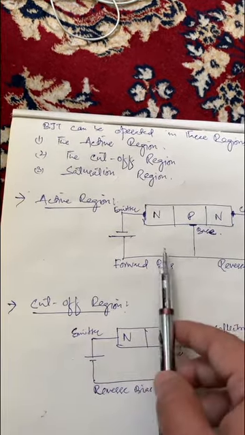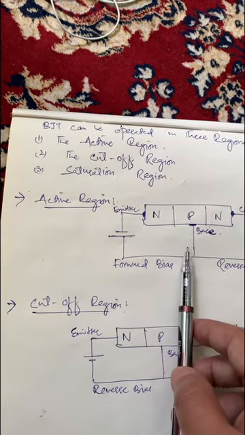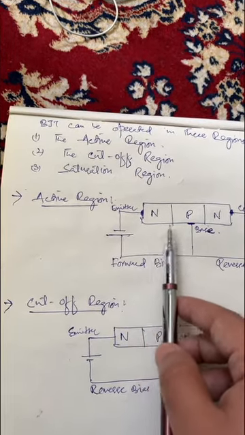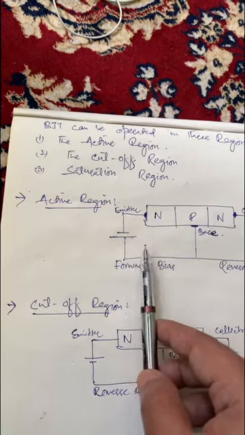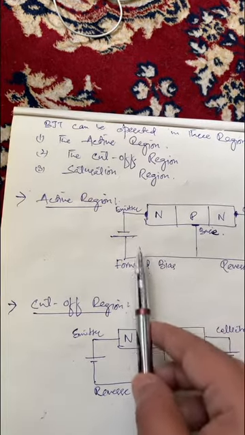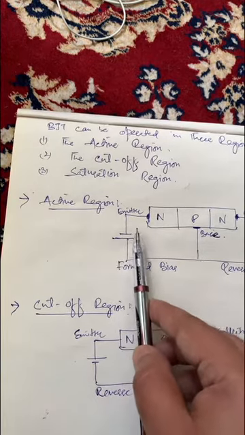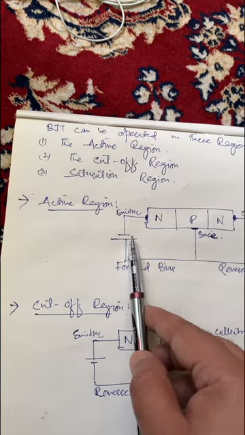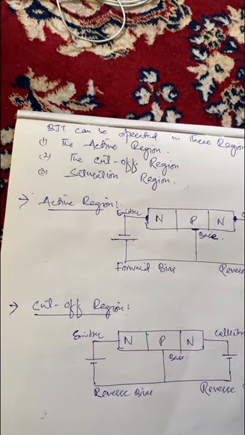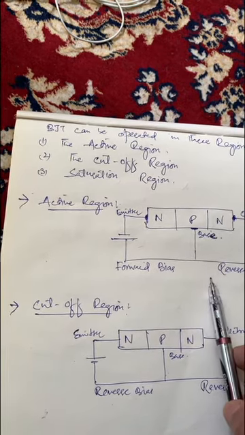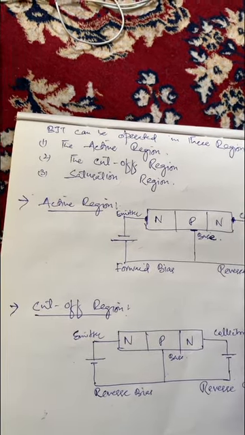The configuration is clearly shown in the figure. Here we can clearly see that the emitter base junction is forward biased because of the polarity of the battery source that we are using, and we can see that the collector base junction is reverse biased.